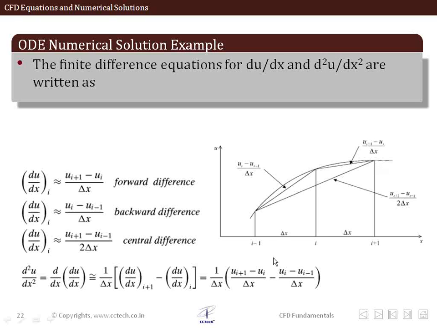So we have this x coordinate being divided with subscripts like i minus 1, i and i plus 1 points, and the distance between two adjacent grid points, as you can see here, is delta x. So in that case, the second derivative can be written as the first derivative of the first derivative, and that's why we get 1 upon delta x.